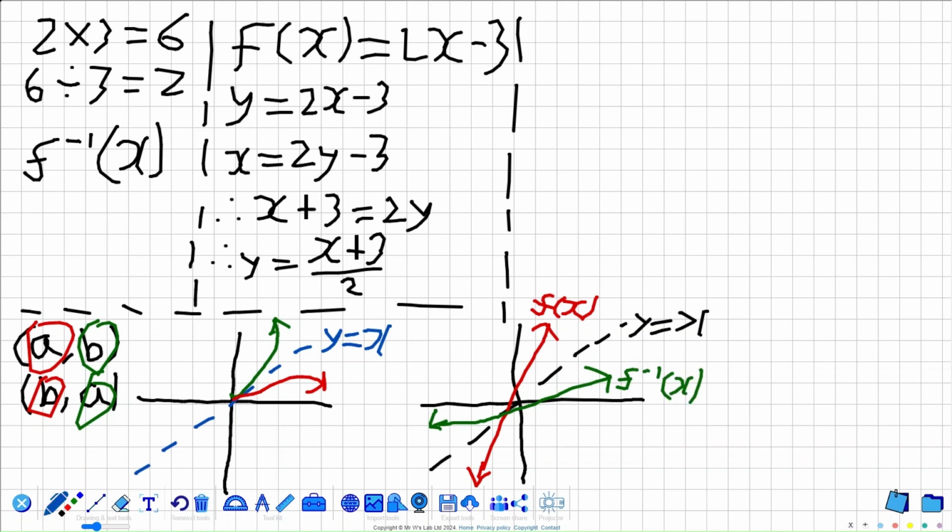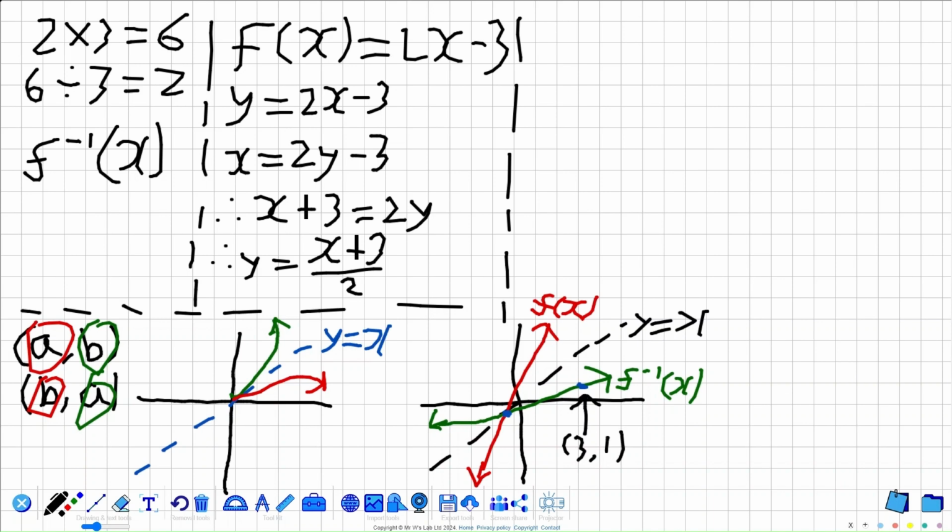What you might notice is that these two would meet up along the y equals x line, because it's an inverse. But let's say we were finding a particular point on it. Let's assume that this point there is x equals 3 and y equals 1.